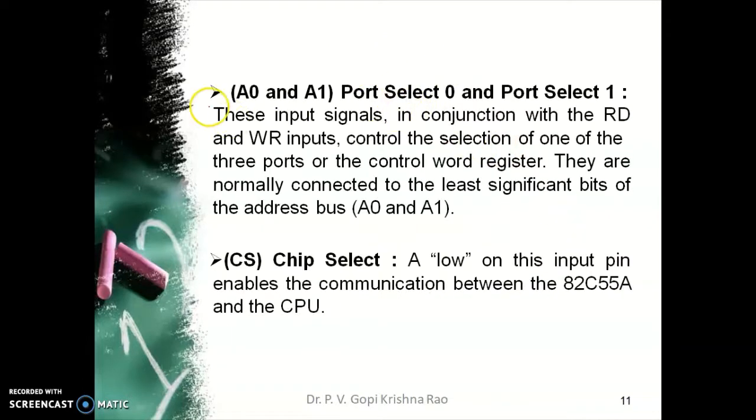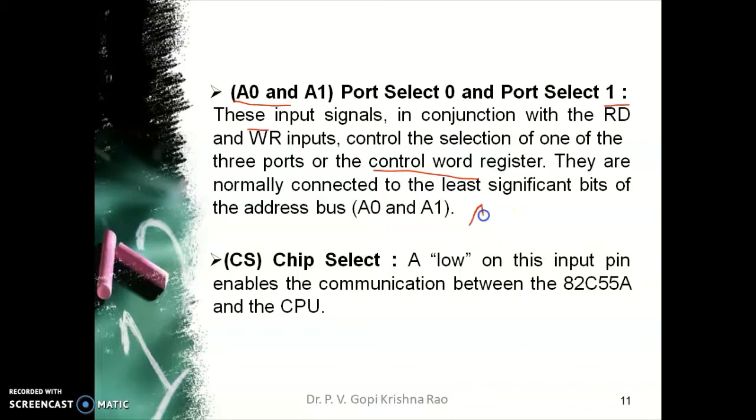The address lines A0 and A1 are used for port selection. These are the input signals. This, along with the read and write signals, controls the selection of one of the 3 ports and also the control word. So these normally are connected to the least significant bits of the address bus.